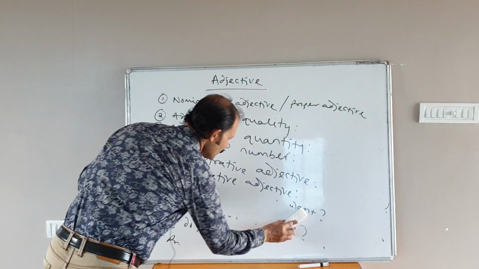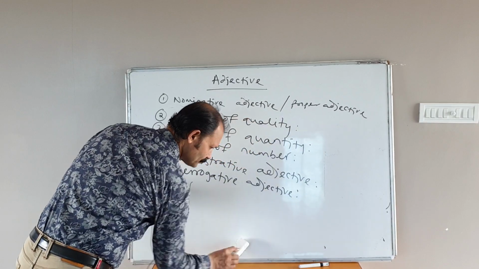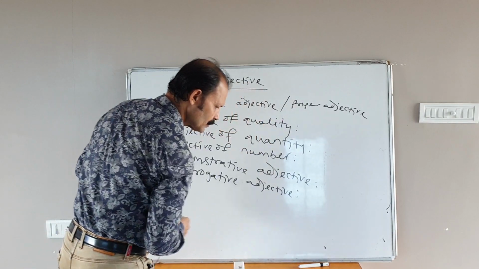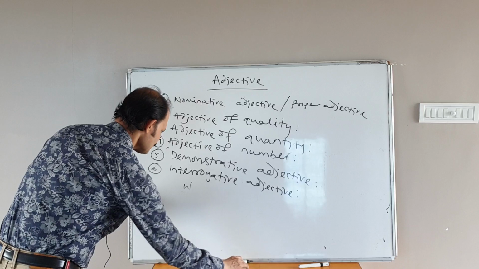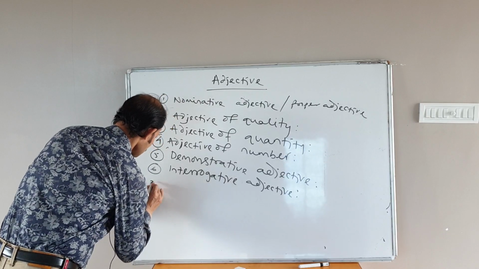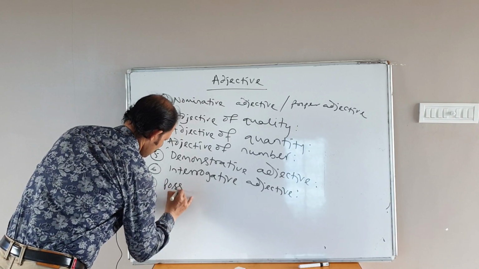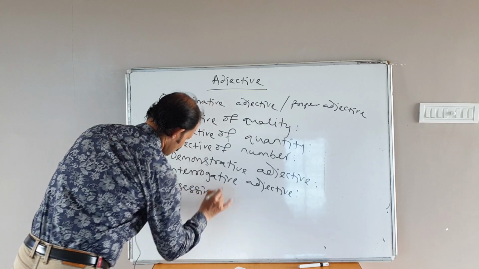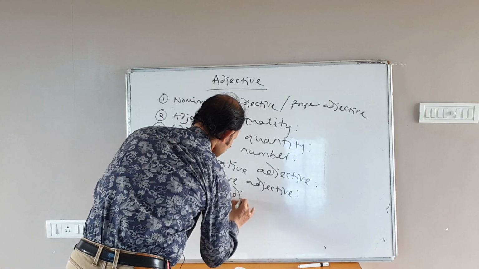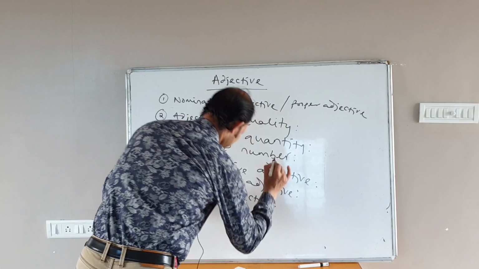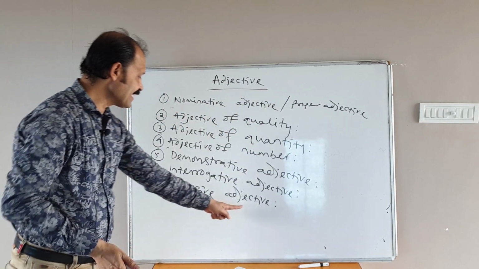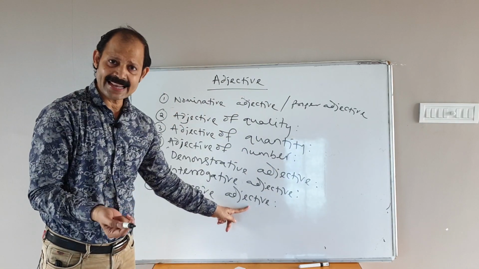Then possessive adjective. Possessive adjective, number 7. Such words, again, because they are adjectives, are noun qualifiers.